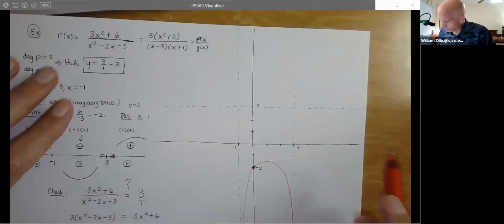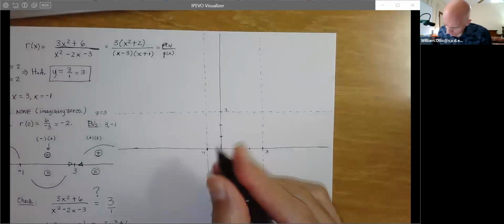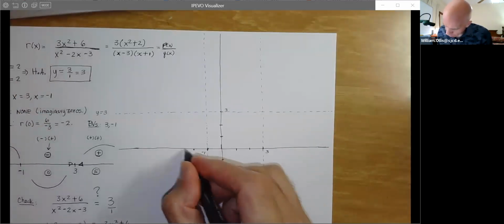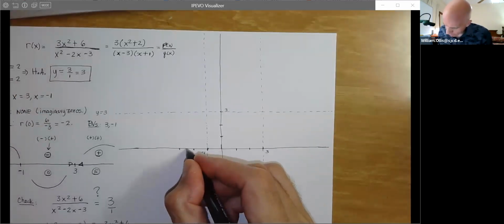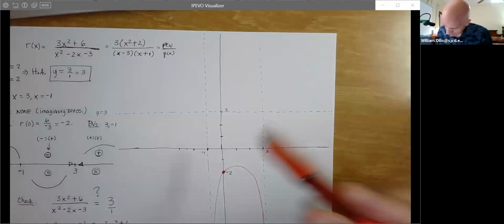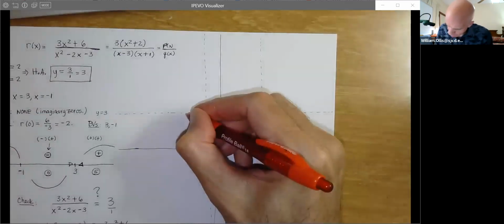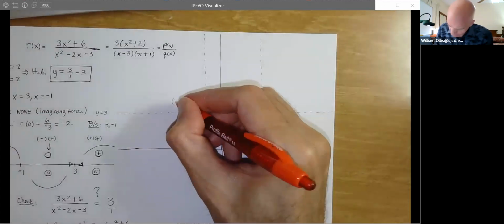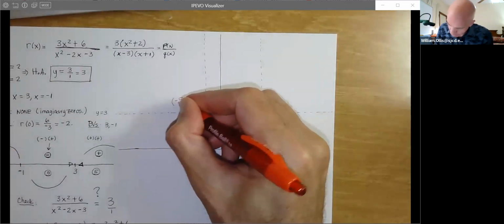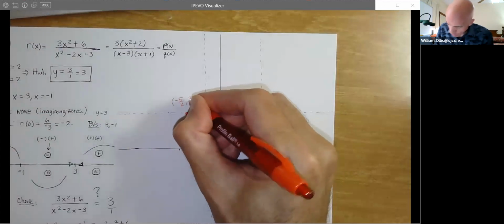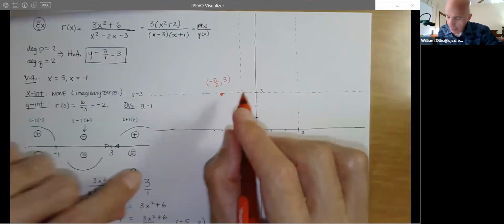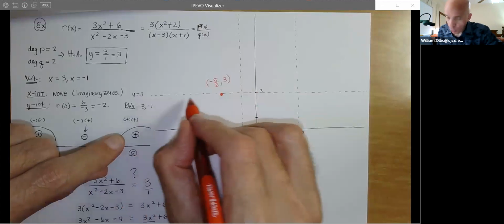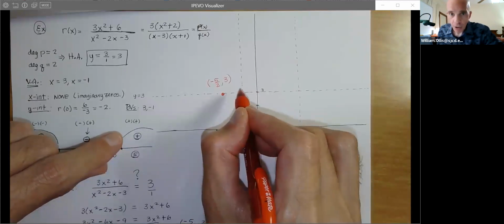So when we go here, we need to plot this. So that'll be a 1, a 2, a 3. So about right here. Run this up to right there. So we have the point negative 5/2, 3. So indeed, the graph crosses the horizontal asymptote.